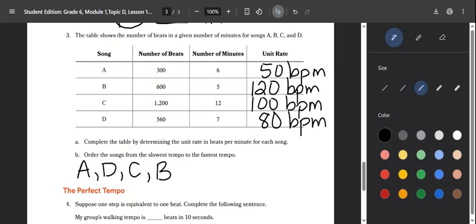In this situation, she makes 4 sandwiches in 8 minutes, and 4 over 8, or 4 divided by 8, is 1/2. So she makes a half of a sandwich per minute.